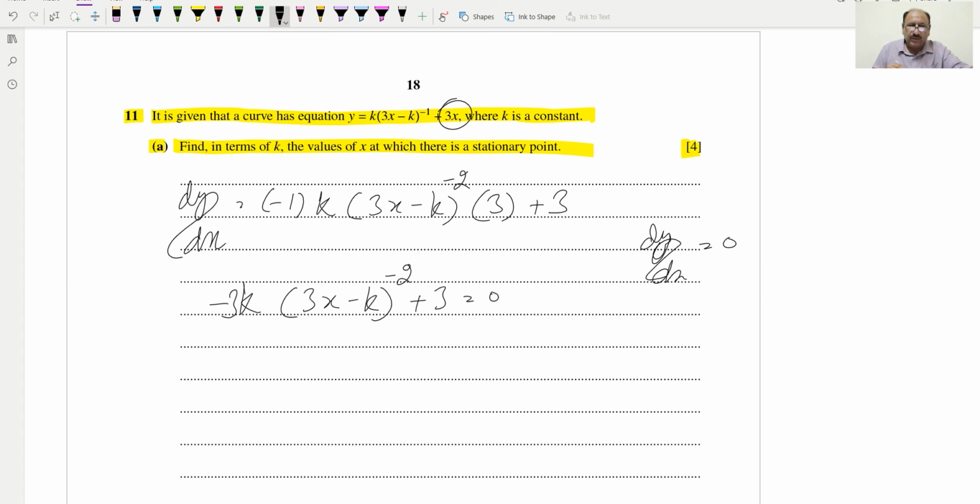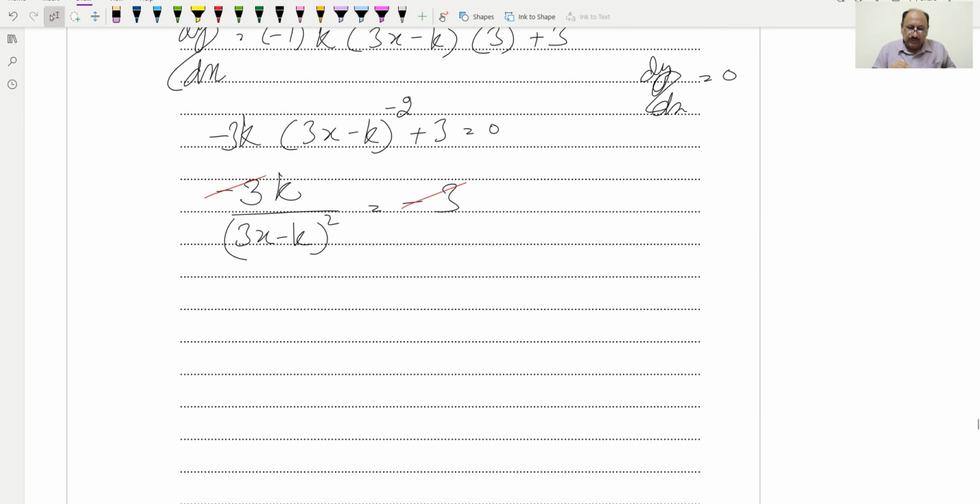Now further we can shift this -3, so we can rewrite 3k over 3x minus k squared is equal to -3, and -3 we can cancel with -3, and we will get k over 3x minus k squared is equal to 1, and we can write 3x minus k squared is equal to k.